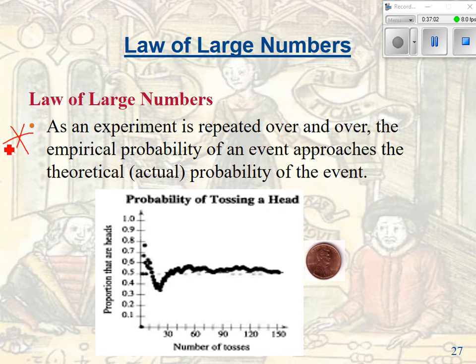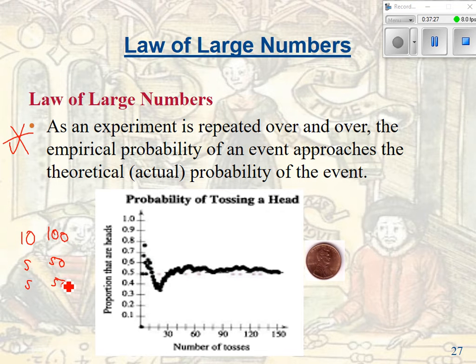No. If I gave each one of you a penny and we each flipped it 10 times, I'll guarantee that not everybody gets 5 and 5. It's not going to happen that way. What the law of large numbers says is if we do it 10 times, yeah, we're probably not going to get 5 and 5. If we do it 100 times, we should get 50 and 50. We're probably still not going to get that.